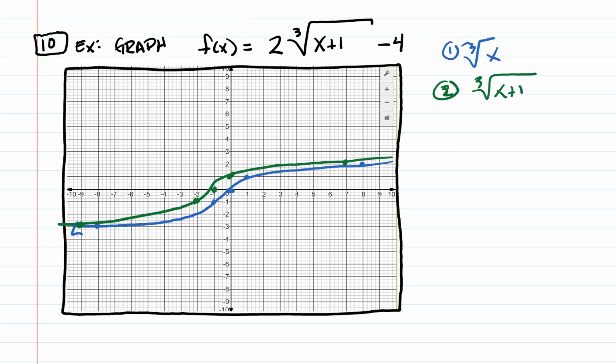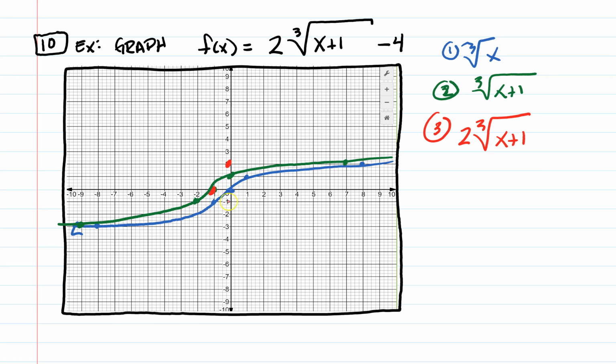Then in red for you, the third thing I would do is I would multiply this value by 2. So I'd have 2 times the cube root of x plus 1. Okay, so for the output value, -1, 0, that's going to stay there because 0 times 2 is still 0. This is 0, 1. I'm going to double that, so 0, 2.